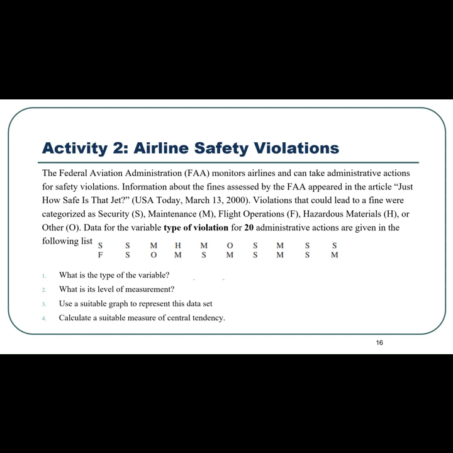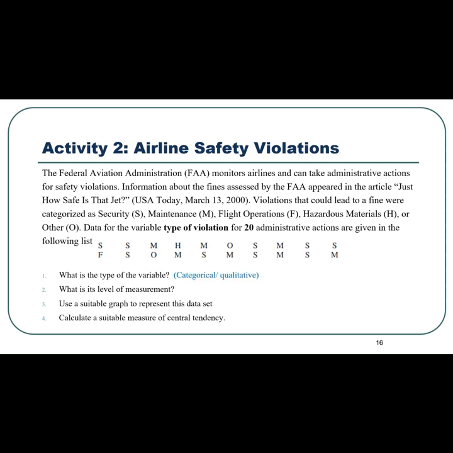The first question is, what is the type of the variable? The values of my type of violation are categorical, just letters. So this is a categorical or qualitative variable.